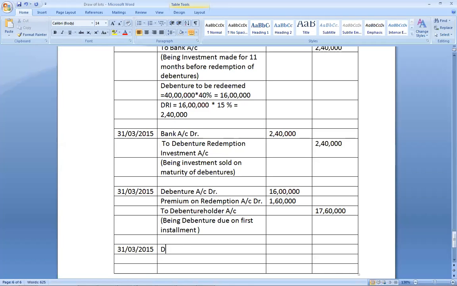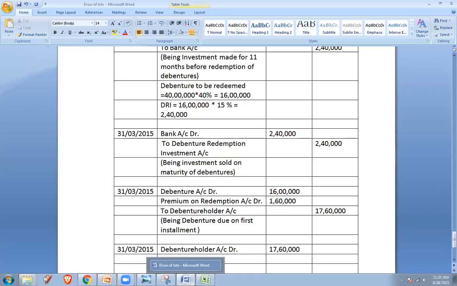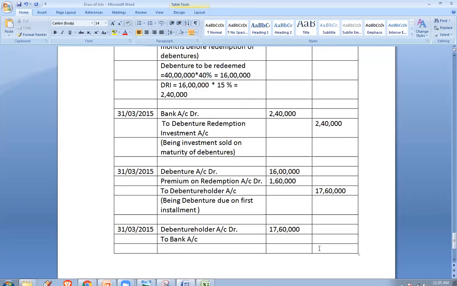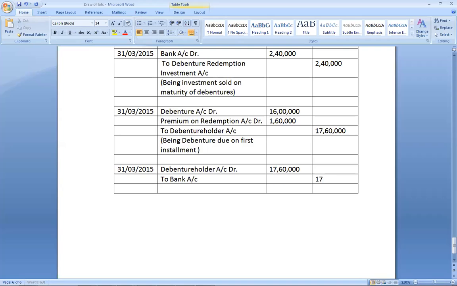Debit the receiver. Debenture holder is receiving money. Debenture holder account debit 17,60,000. Money is going out from the bank for payment, to bank account 17,60,000. So narration: being payment made to debenture holder.